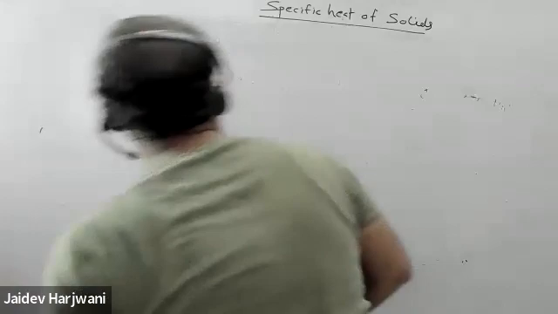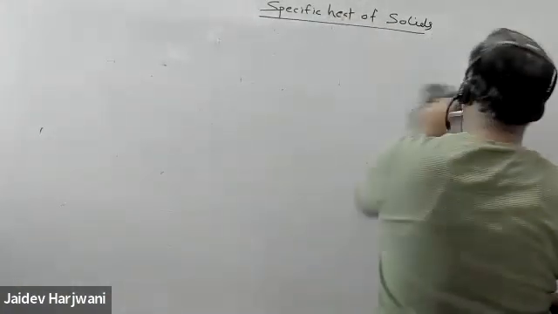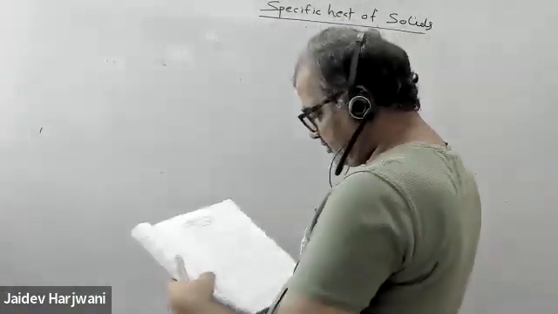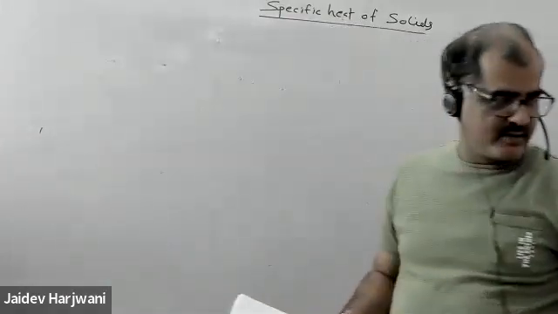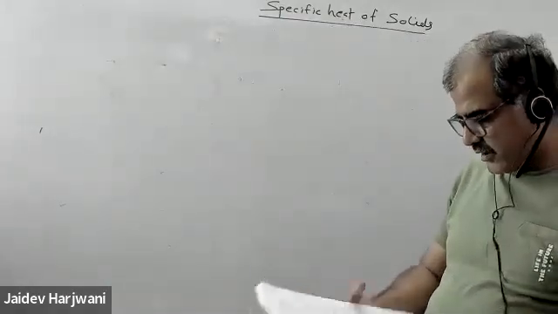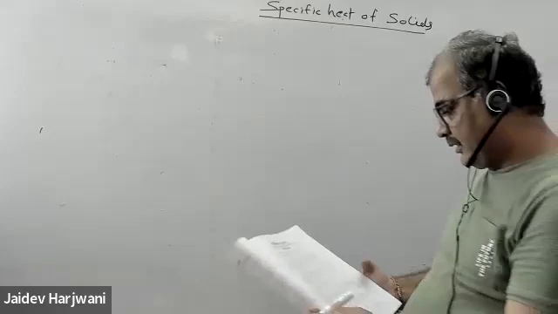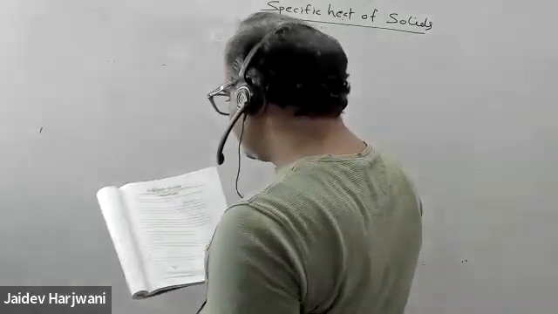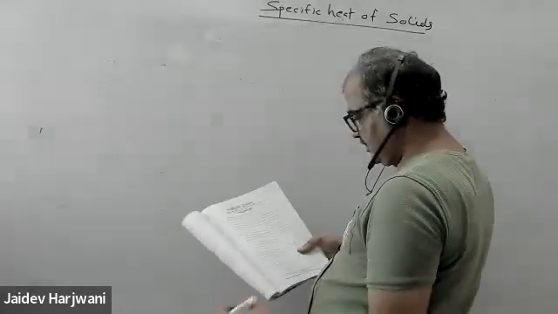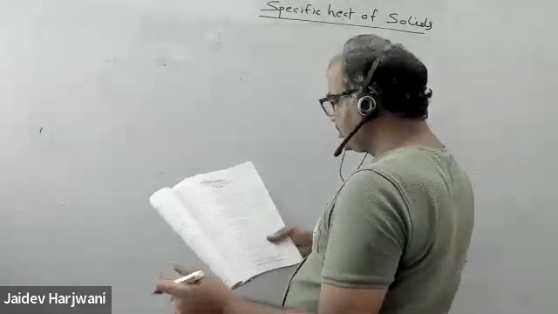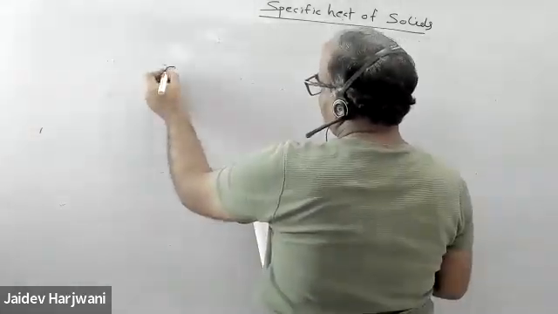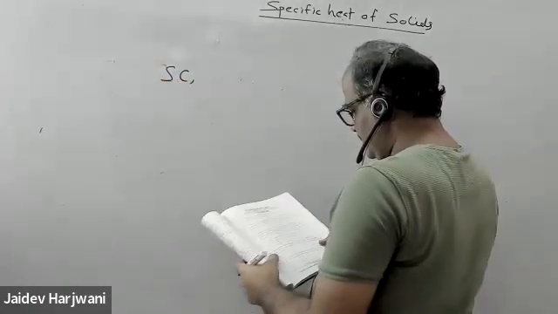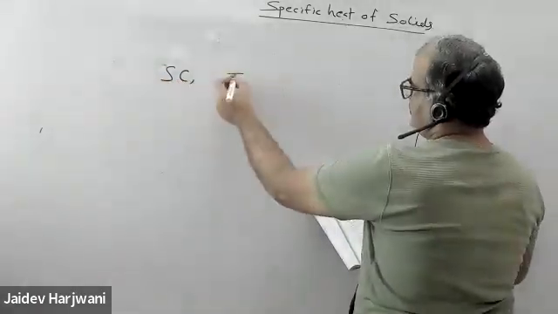Now one more question is there. I'm not starting a new chapter today, because this chapter is finished. Free electron theory will start from next class. Now he says: consider two crystalline solids, one of which has a simple cubic structure and the other a tetragonal structure.